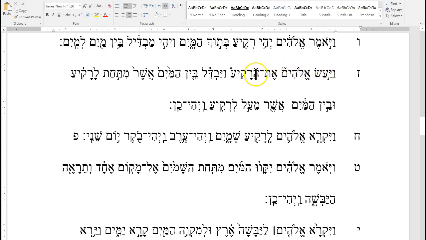Vayas Elohim et ha rakia, vayavdel bein hamayim asher mitachat la rakia. And Elohim made the rakia, and it caused, or he caused, it's a little unclear, the division between the water, which was from underneath the rakia, uvein hamayim, asher me'al la rakia, and between the water which was from on top of the rakia, vayhi ken, and it was so.